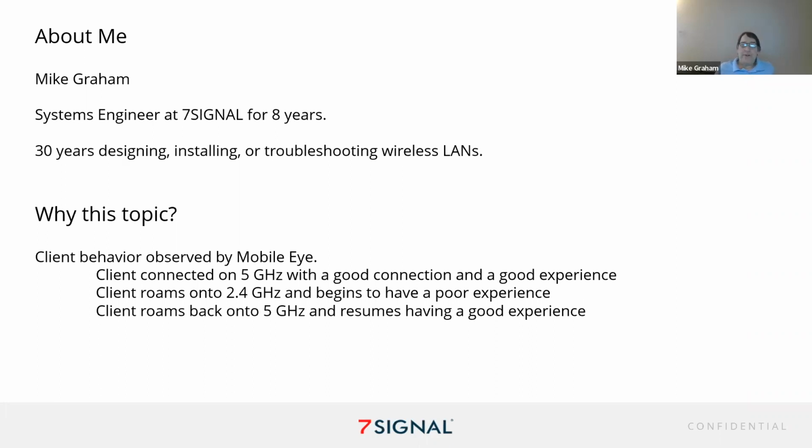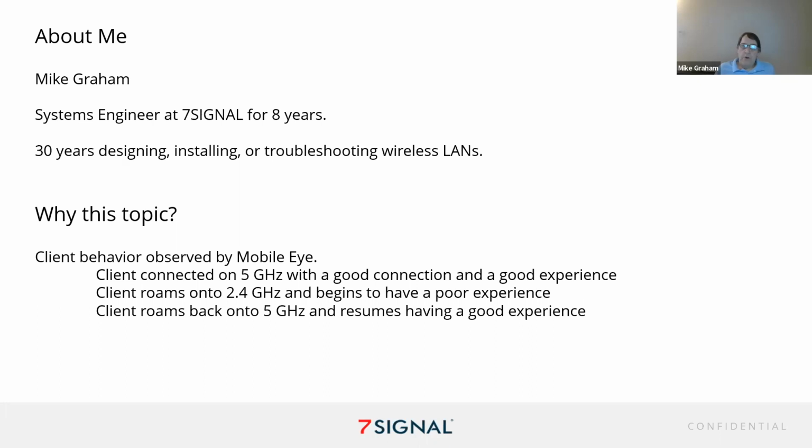And then I thought I would address why I decided to do this. It was back before the holidays. I was on 3 or 4 calls in a row, and we were looking at Mobileye, our agent, and we kept seeing, well, here's a client that's doing well, and then suddenly we see some performance challenges, and then it goes back.